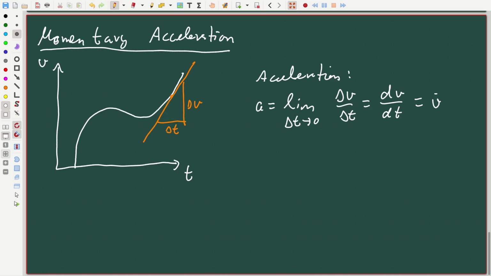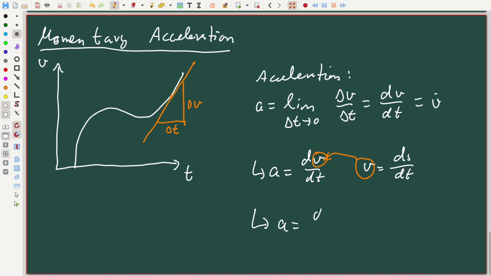And what we can also do, interestingly, is that when we write down a is equal to dv over dt, and v, we said already, is ds over dt. So now we can insert our v into this v, so to say. And at the end, when we write down what comes out, a is equal to d of ds over dt, over dt.